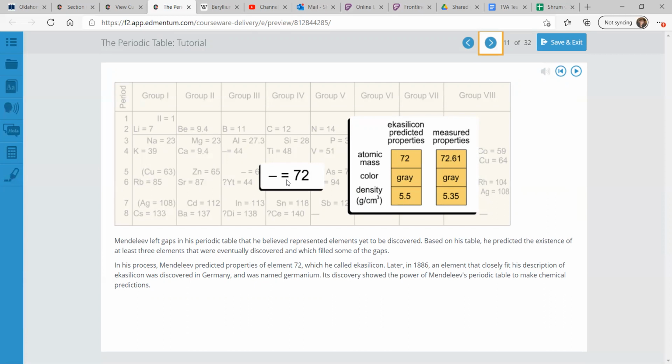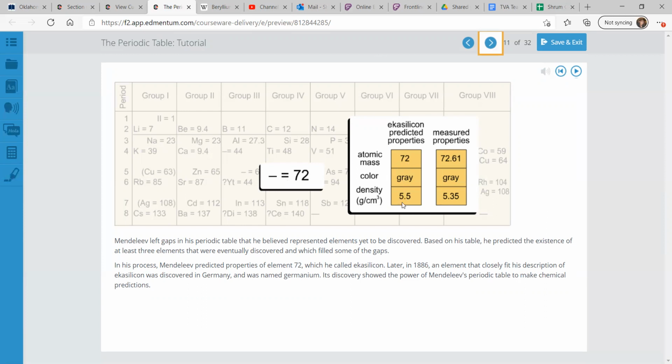Mendeleev predicted properties of element 72, which he called ecosilicon. Later, in 1886, an element that closely fit his description of ecosilicon was discovered in Germany and was named germanium. Its discovery showed the power of his periodic table to make chemical predictions.